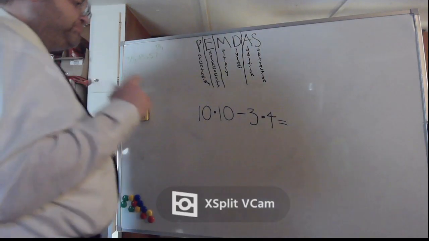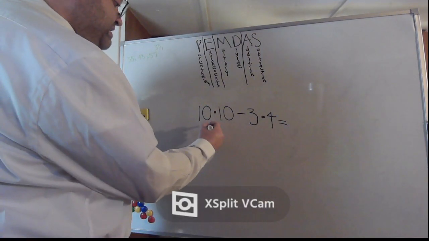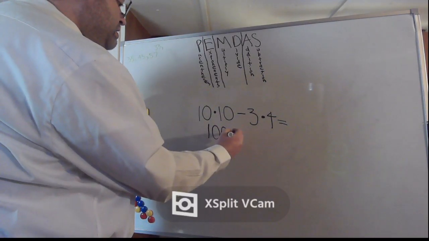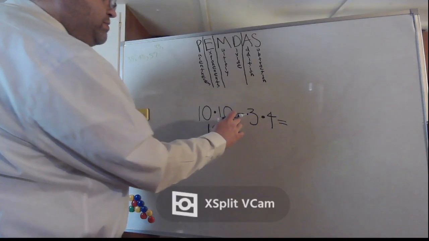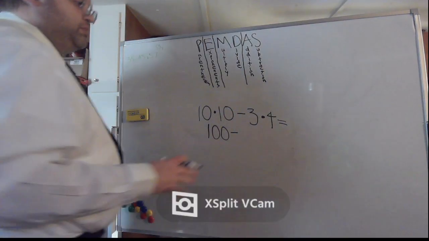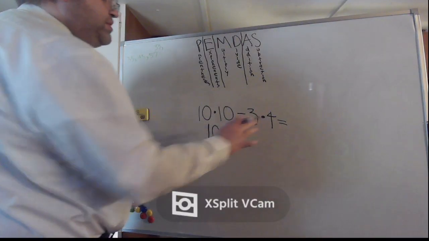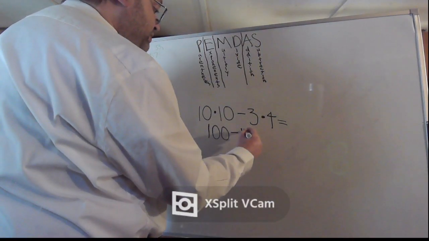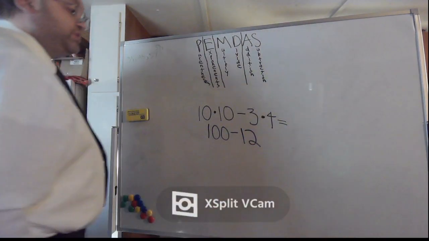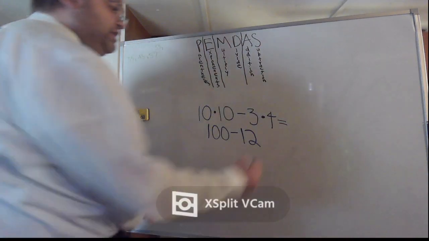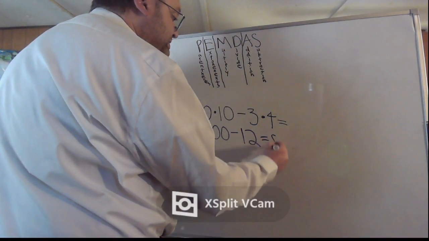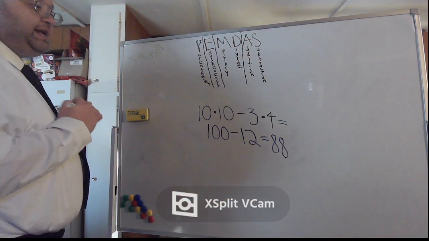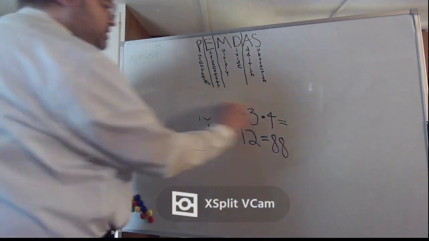So we have 10 times 10, which is 100. Then we have a minus here. But we don't do minus yet. We got to figure out what 3 times 4 is. What is 3 times 4? Well, that's 12. So you're left with 100 minus 12, which will give you 88. So 88 would be your final answer.